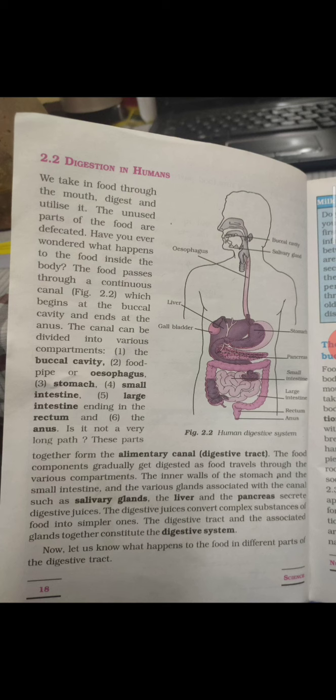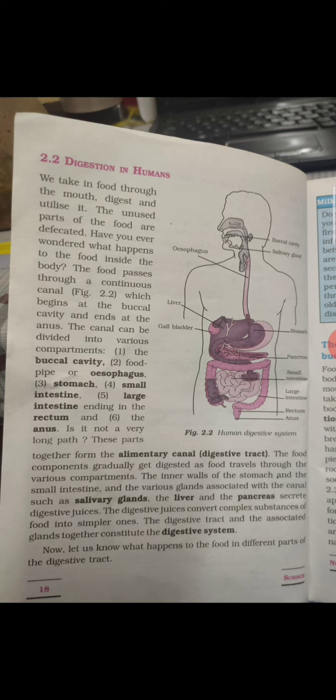So all these are the digestive components, the digestive tract. All these are the parts of the digestive system: buccal cavity, stomach, pancreas, small intestine, large intestine, rectum, anus, and some glands are associated with our digestive system which secrete some gastric juices and help to convert complex substances of food into simpler ones.